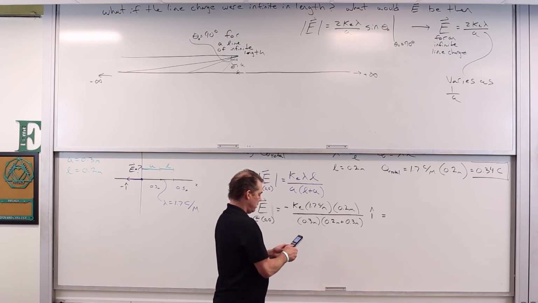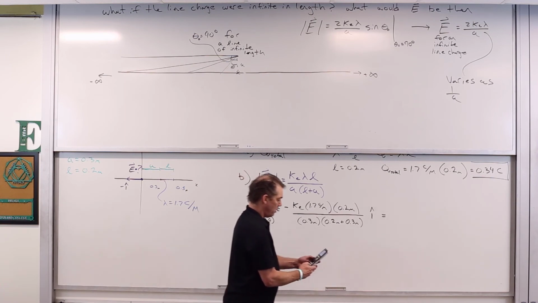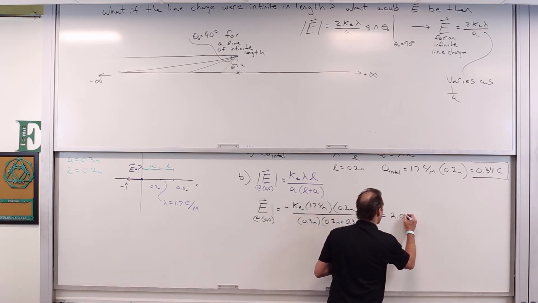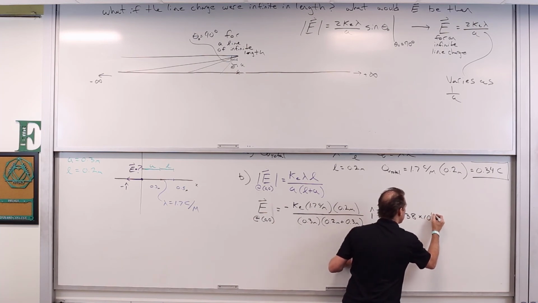All right, let me do this again. 8.99 e to the 9 times 1.7 times 0.2 divided by 0.3 times 0.5. 2.038 times 10 to the 10th.